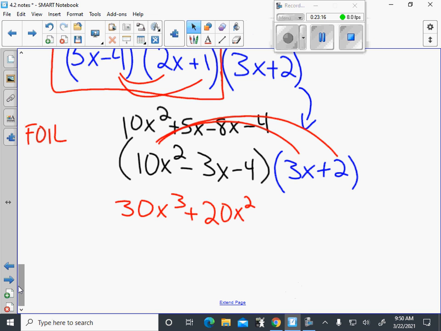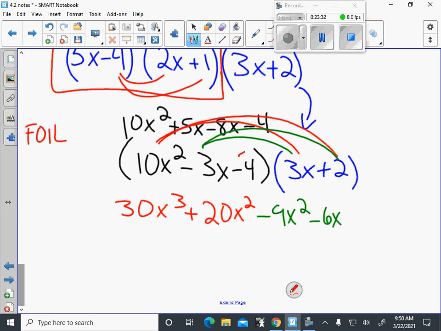Now let's try the negative 3x. Negative 3x times positive 3x, that gets me a negative 9x squared. Negative 3x times a positive 2 is a negative 6x. And then we have the last one here. Negative 4 times 3x, that's a negative 12x. And then negative 4 times positive 2 is negative 8.